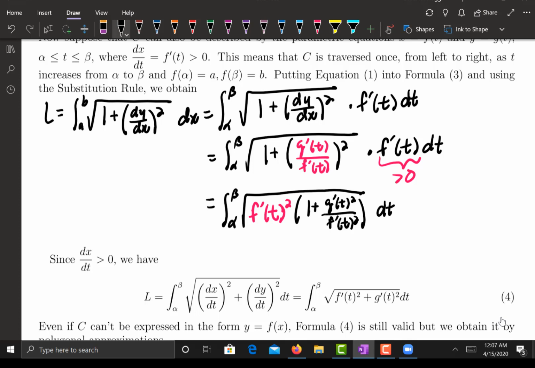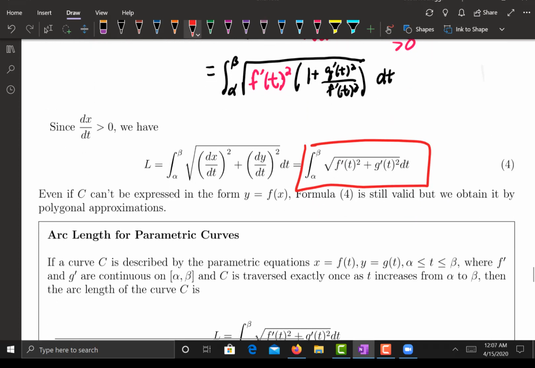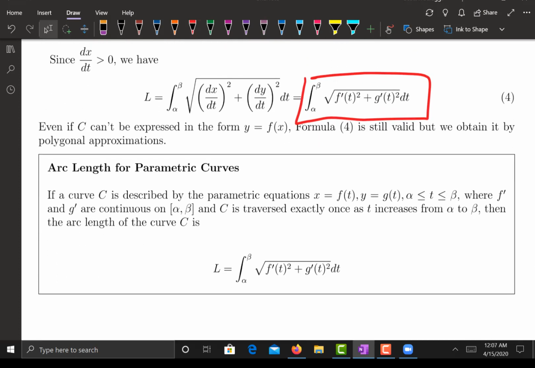And then if I distribute that f prime of t, I will get the equation boxed below. And that is going to be our parametric equation formula for arc length.